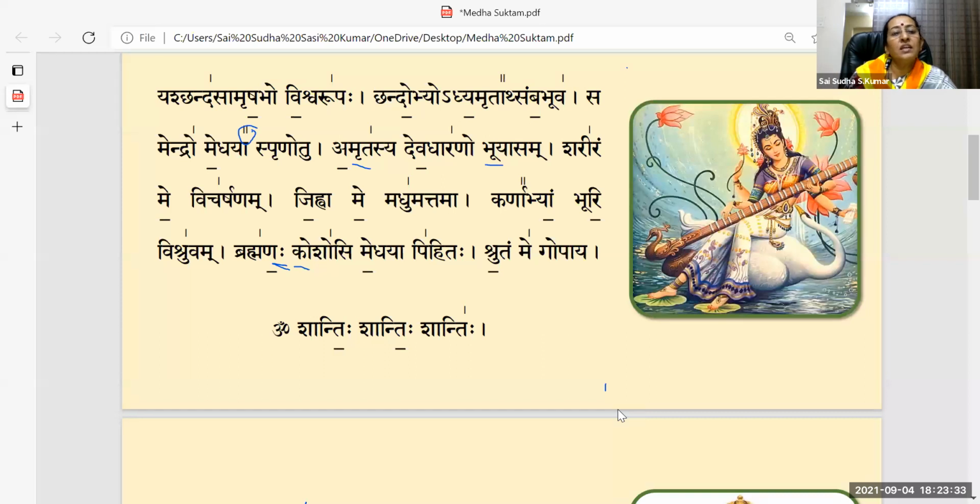If you are starting, you can start with Om, but it is not necessary. Here, it can be directly started as Yash Chandasa. And when we start with Medha Devi, do we say Om? You can start like that, but after Yash Chandasa, you have to chant Om Shanti Shanti Shanti, because it is a Shanti mantra. Then you start Medha Devi, so in between you chant Om Shanti Shanti Shanti.